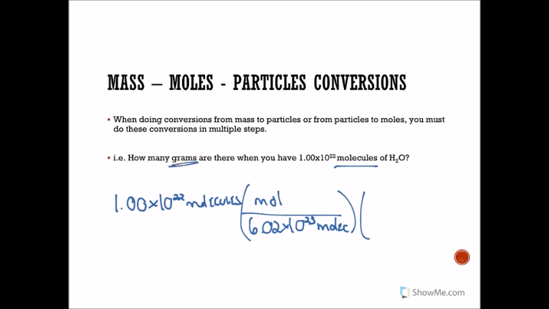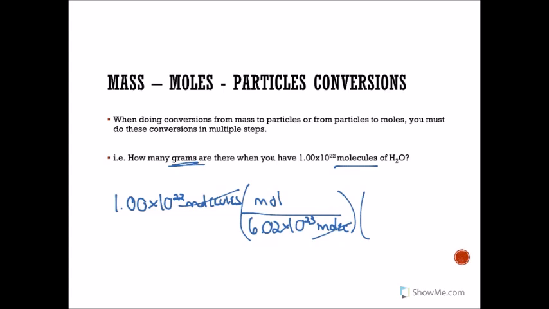And if we look at our question, it asks us how many grams we have, not just moles. If we cross off our molecules, we'd end up with units of moles, and we need the units grams. Whenever we hear grams, we need to find molar mass of our element or compound and convert it to grams.